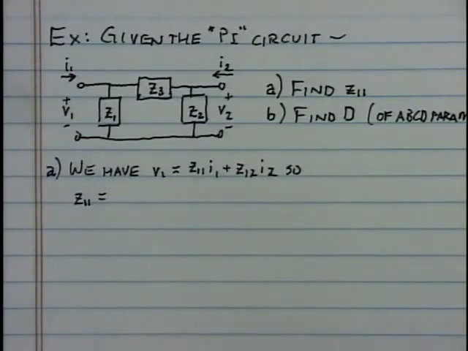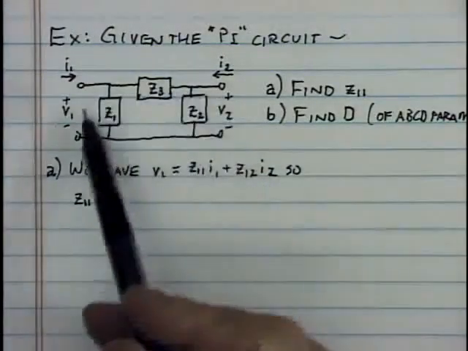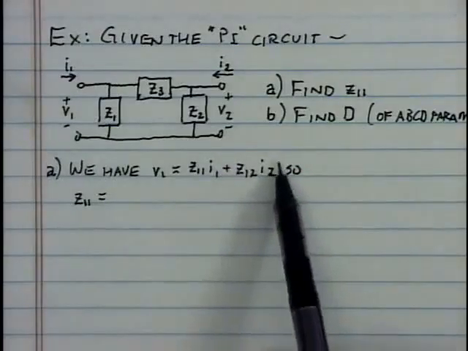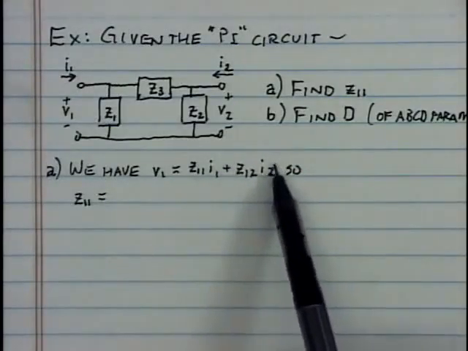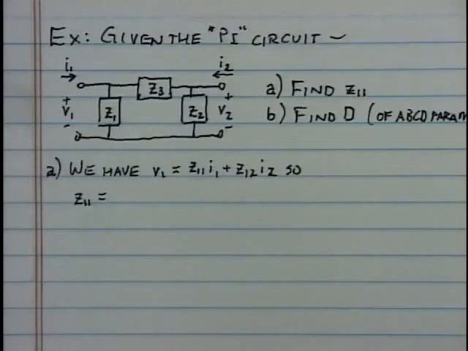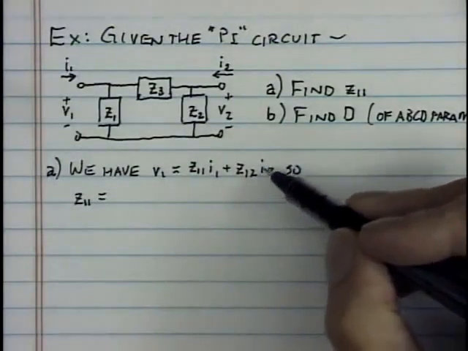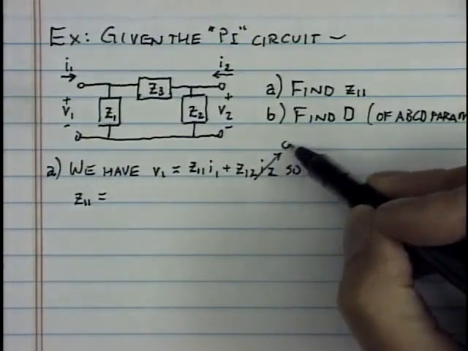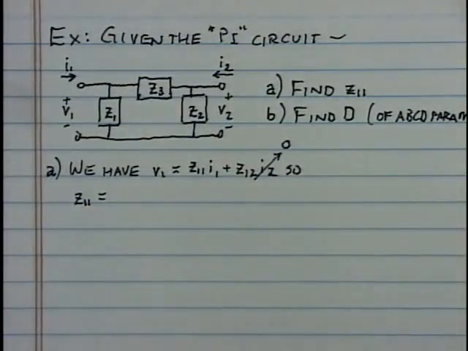What could we do in our original circuit that would get rid of that second term in the equation defining the Z parameters here? How about if somehow or another we could enforce the fact that I2 be equal to 0?